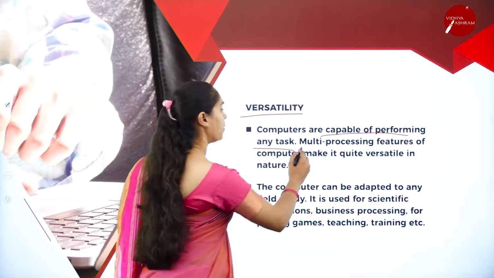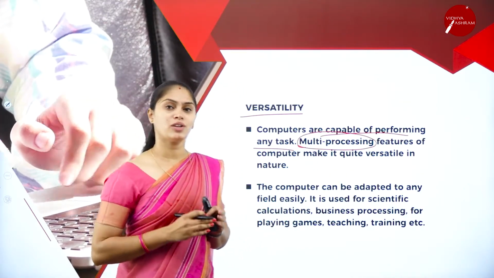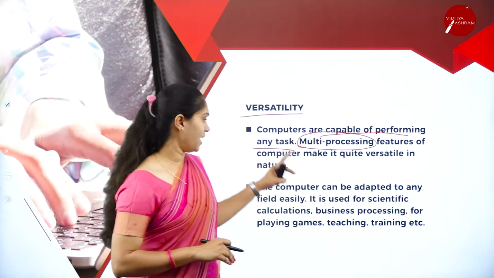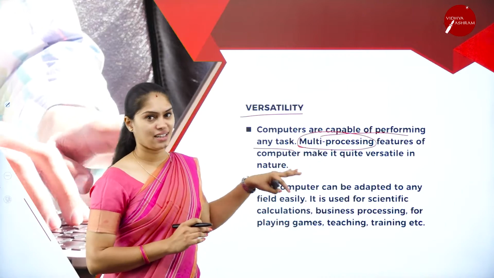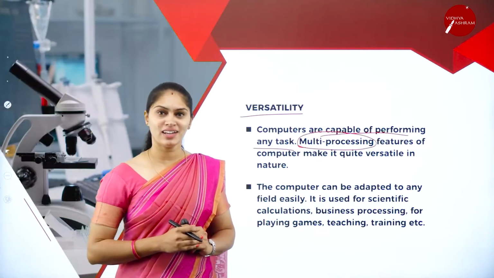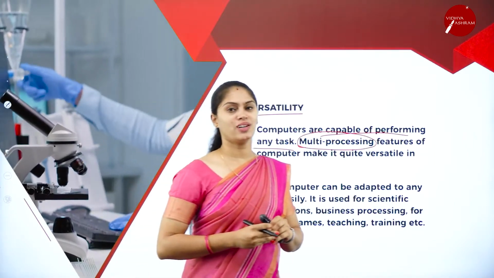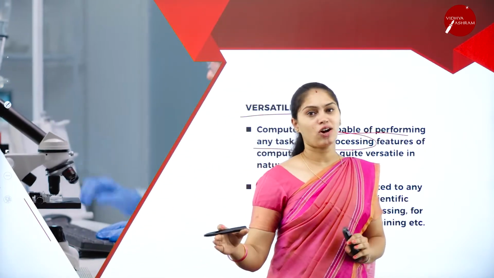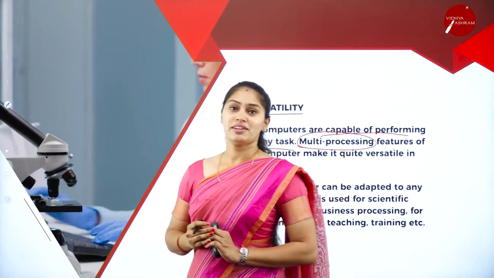That is nothing but multi-processing. More than one type of process it is going to perform. That is multi-processing, and that makes the computer versatile in nature. As I told earlier, for any simple calculation, the computer is versatile. If I give any complex work like scientific research, then also it will be a master.